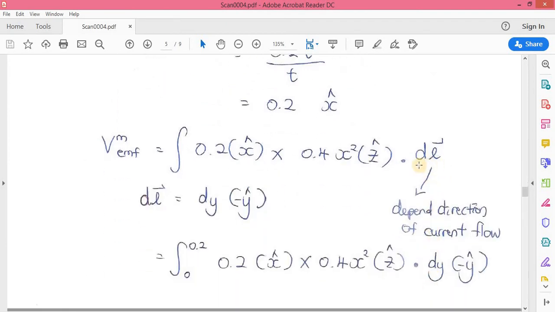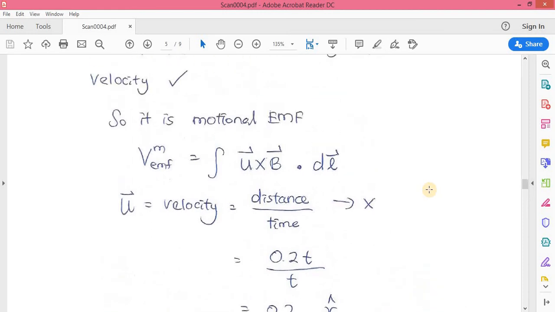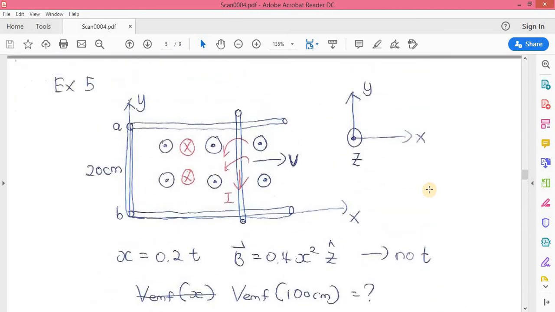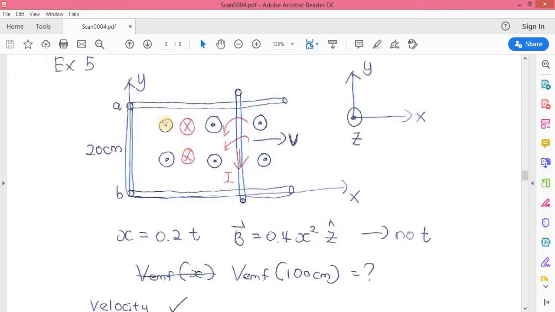This dl depends on the direction of current flow. So we have to check back our loop, our sliding bar. This is the original magnetic flux direction, positive z. According to Lenz's law, the generated current, the red one, must produce another magnetic field which opposes the direction of the original magnetic field.